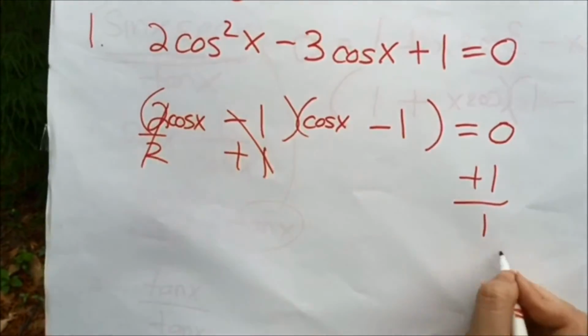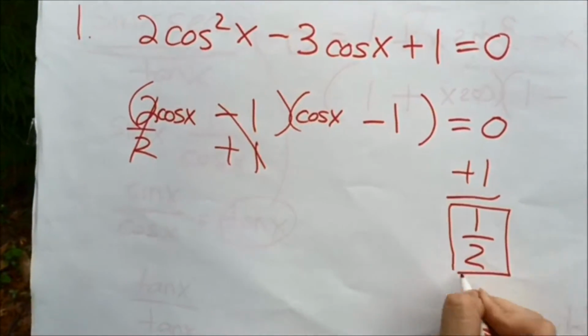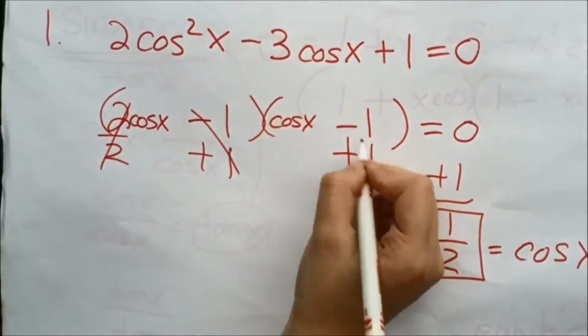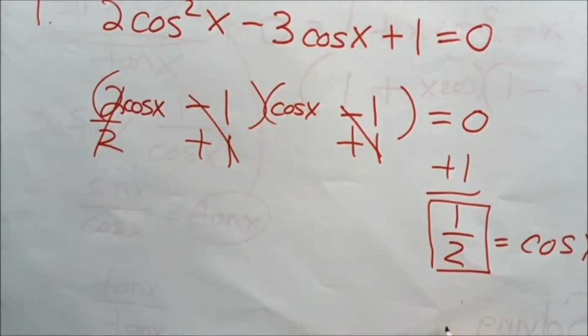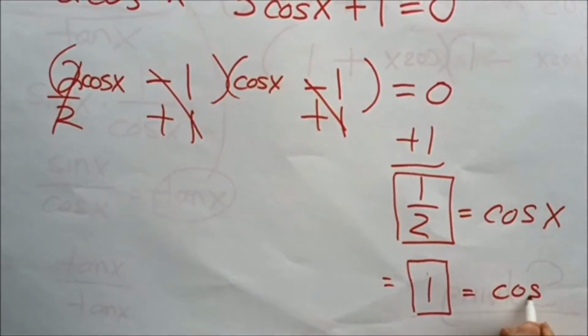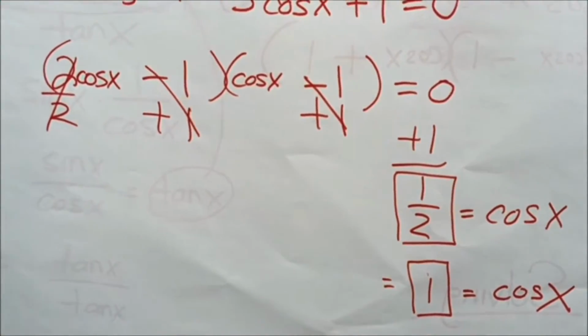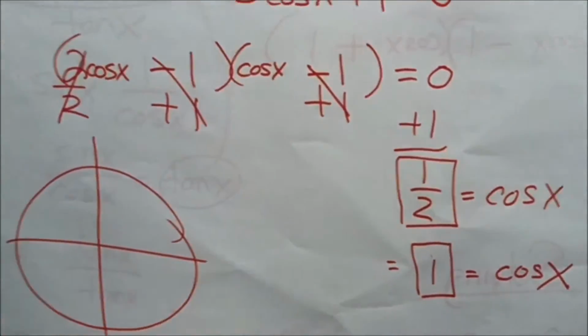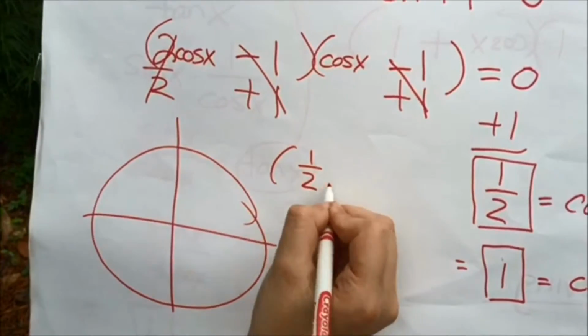And you divide, so it's... Then you do this side, and you add 1, so it's 1. And you find it on the unit circle. Hold on.